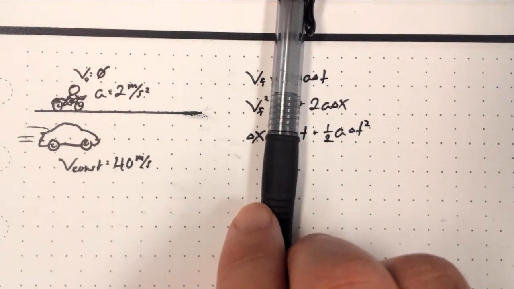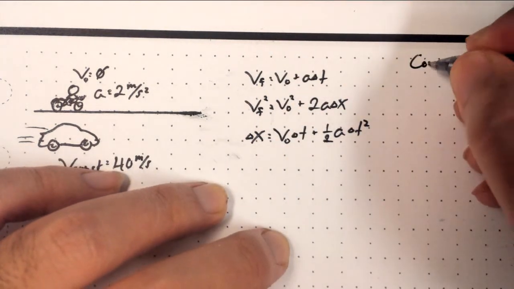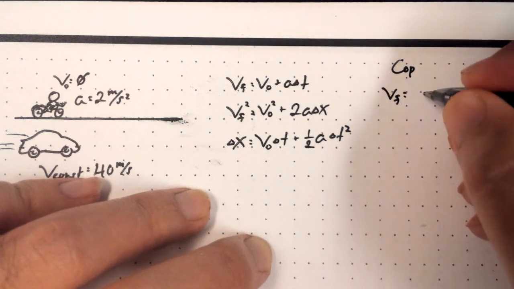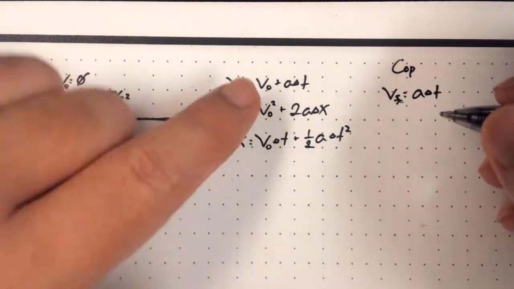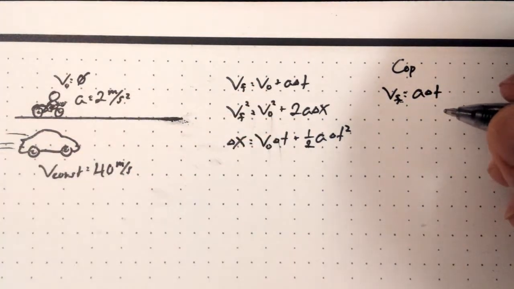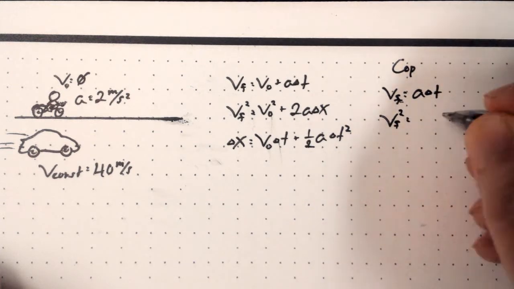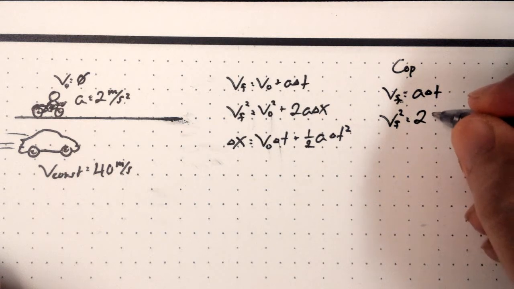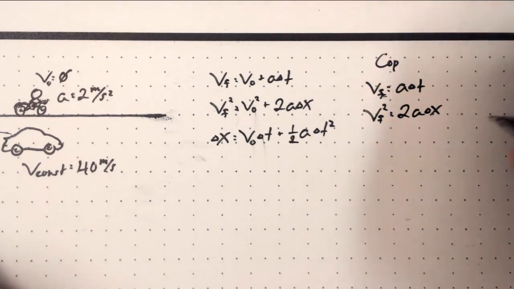So the final velocity of the cop is equal to the acceleration of the cop times the change in time of the cop, because all these v zeros are just 0. We can say that the final velocity of the cop, squared, is equal to the initial velocity, which is nothing, plus 2 times the acceleration of the cop times the change of position of the cop. So we know that.